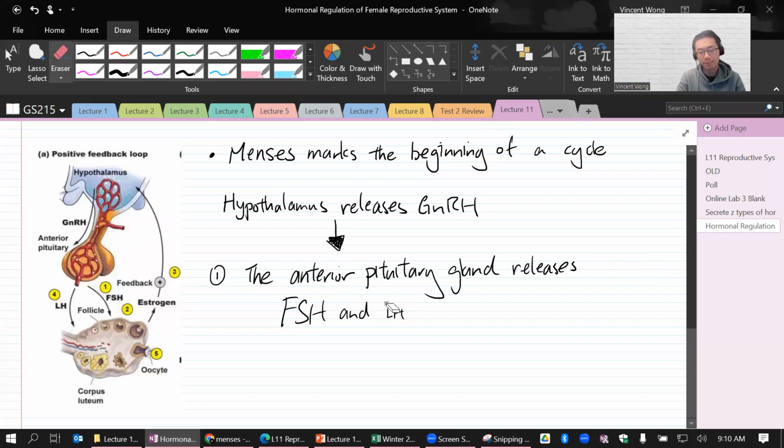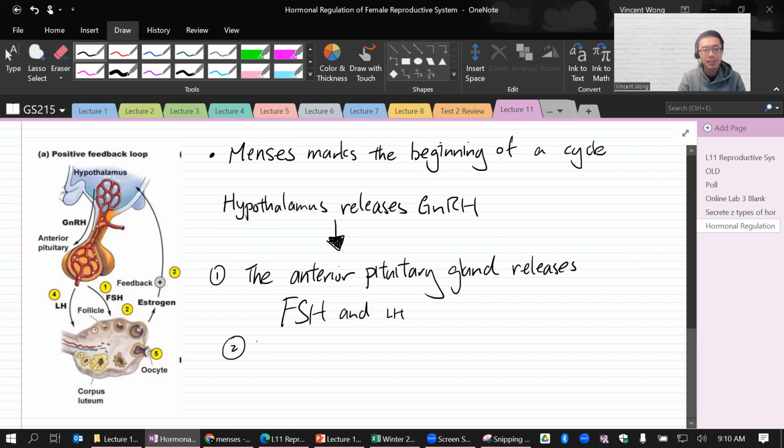So I'm going to put tiny letters here. So it releases FSH and LH. This is just a network of capillaries. When the hypothalamus releases the GnRH, it can travel quickly through the capillaries to affect the anterior pituitary. And then you pump out FSH and LH. But at the beginning, it is the FSH that is dominating.